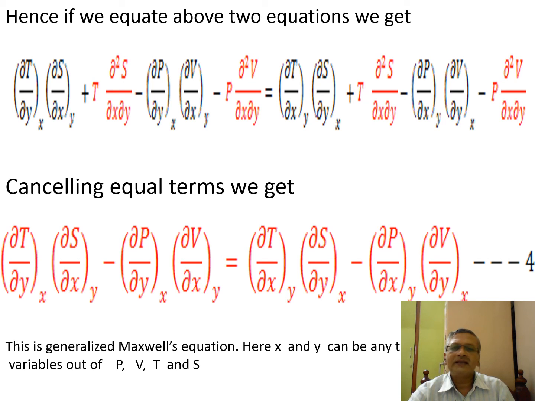Now cancelling the equal terms. I have mentioned the equal terms in red color, so cancel the red color equal terms.